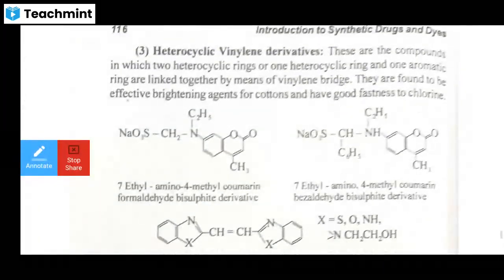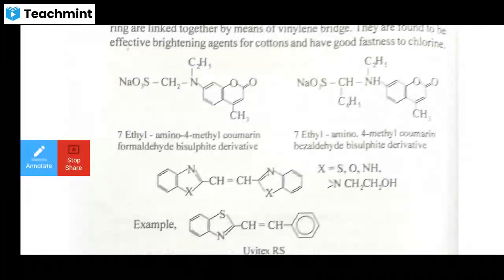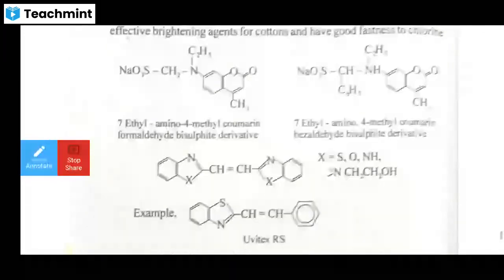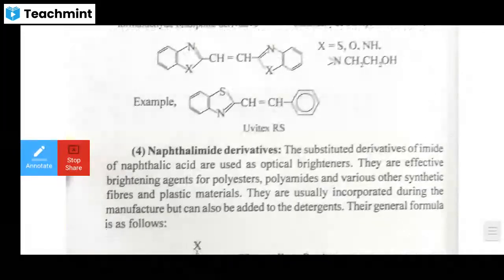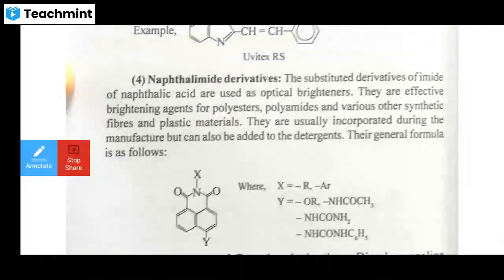Examples are here: 7-ethyl amino 4-methyl coumarin formaldehyde bisulfite derivative, 7-ethyl amino 4-methyl coumarin benzaldehyde disulfide derivatives. So these are the examples here. Next is the naphthalimide derivatives.